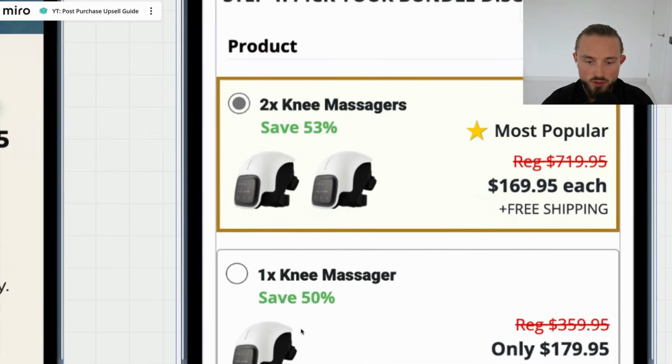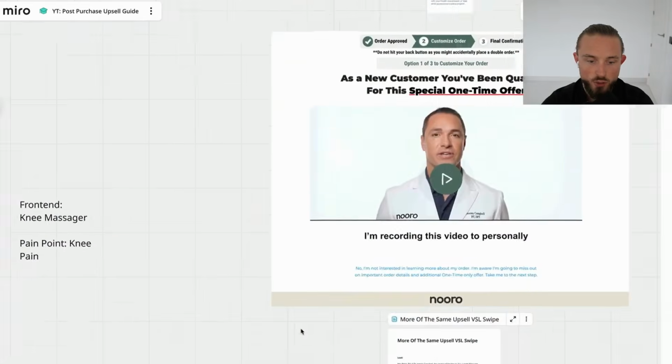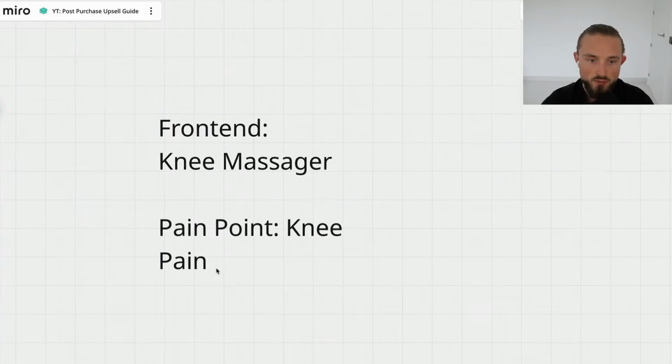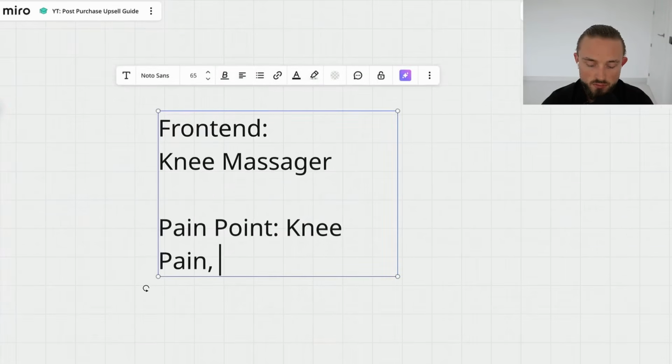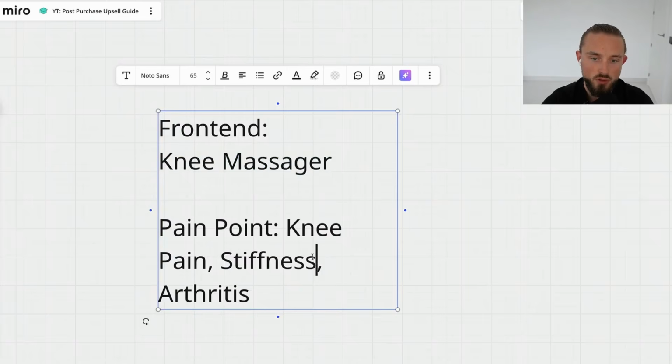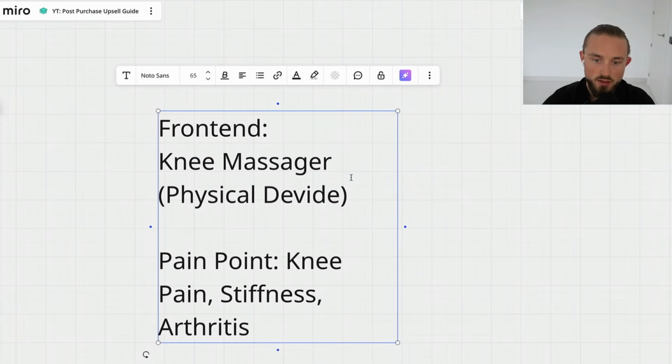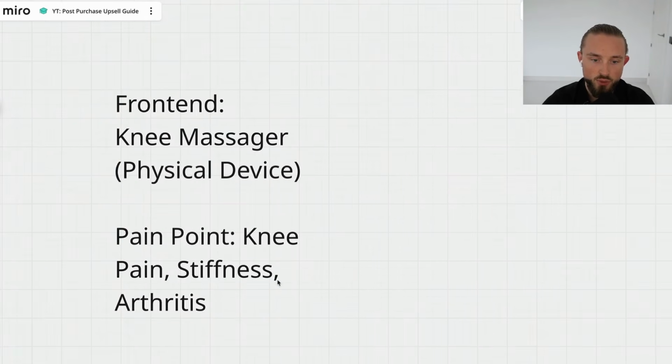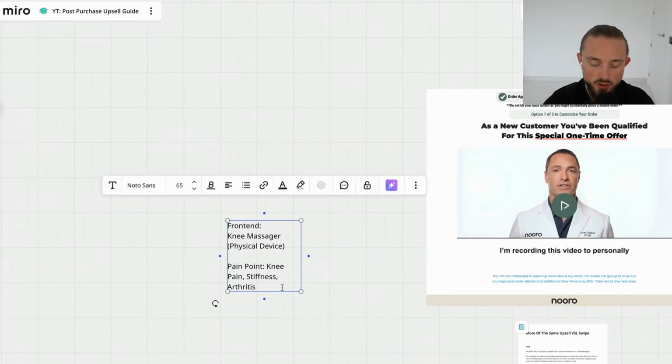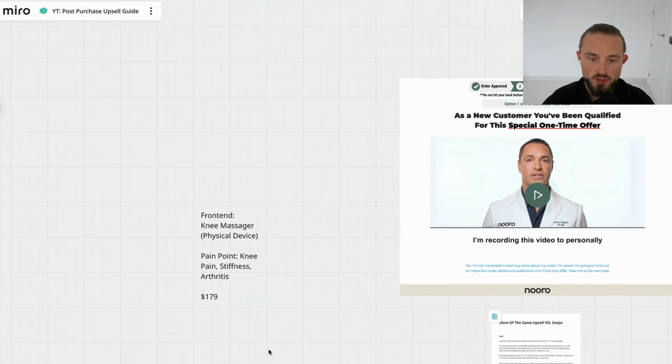And this is then the product on the front end, this knee massager, which is the physical device to massage the knees and help them get rid of these pain points. That's what they sell on the front end, at a pretty high price point of $179.